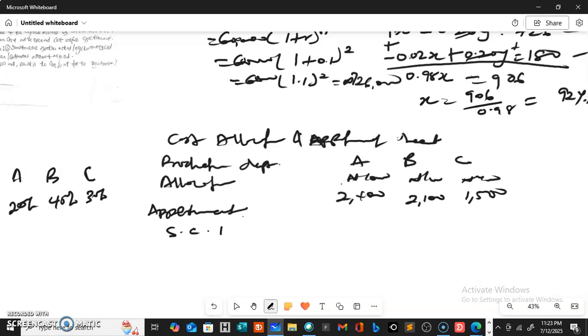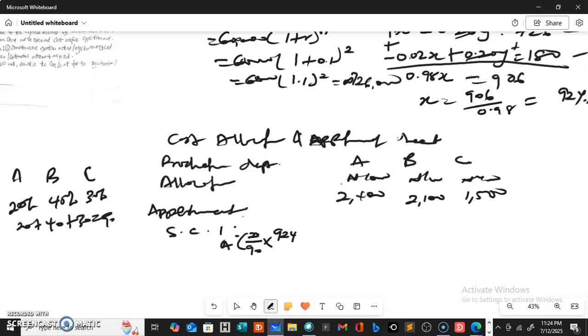At the end of this, it should be 20 plus 40 plus 30, which is 90. So for A, we have 20 all over 90 multiplied by, for service cost center 1, we're told that total cost is 924.